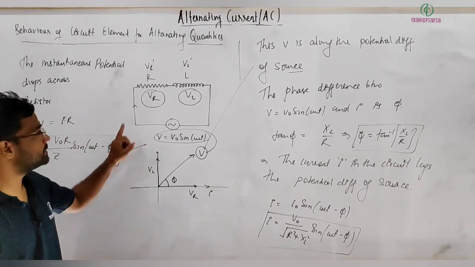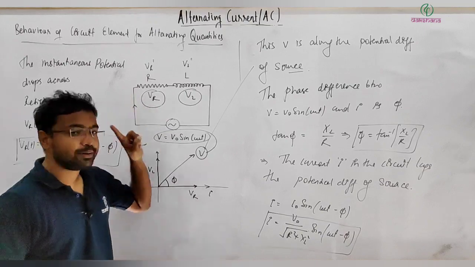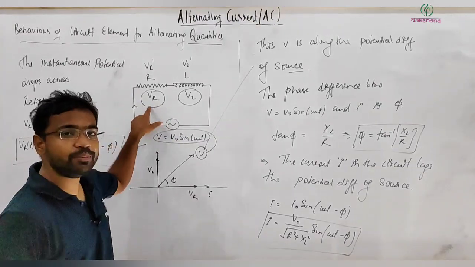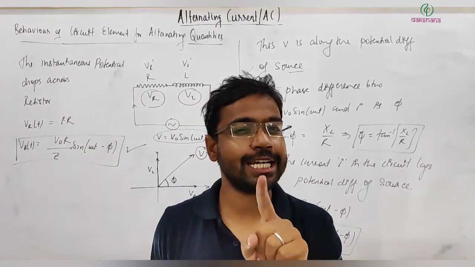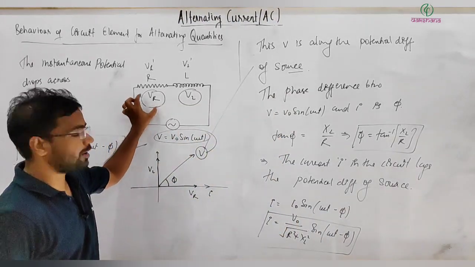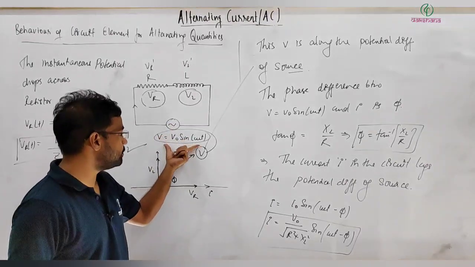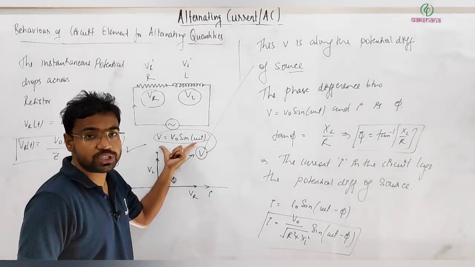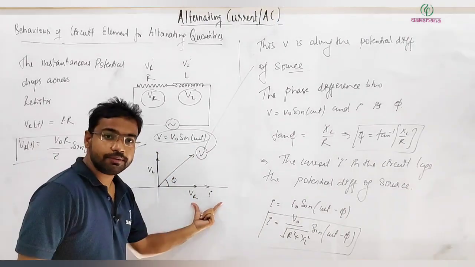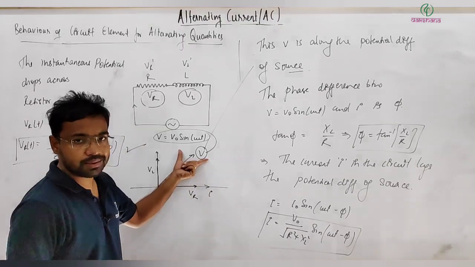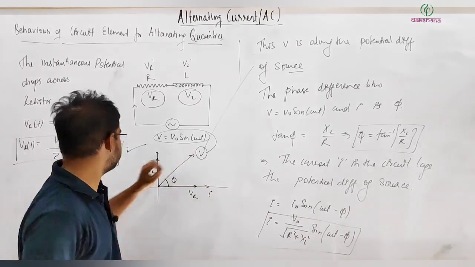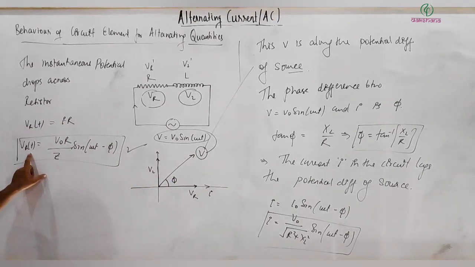I hope you are understanding this. We got the net current here. Remember it: the potential drop across the resistor will be in phase with the current, right? Not in phase with the source EMF. That is not true. You can see VR and I are both in the same phase, but not in phase with the source EMF. It may not always be true. Sometimes it may be, but I'm saying not compulsorily. Right? So that is the point. Remember it. So we have got the potential drop across the resistor.